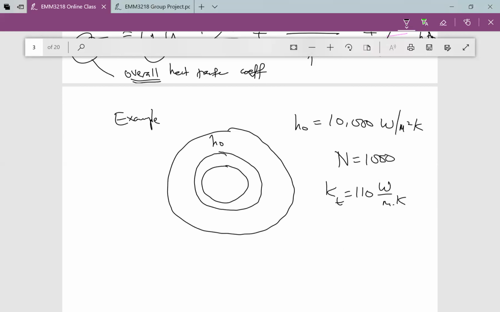DI is basically this one. DI is 25 mm. And the outer tube, outer diameter, that will be 28. So you can tell the thickness of that tube, right?